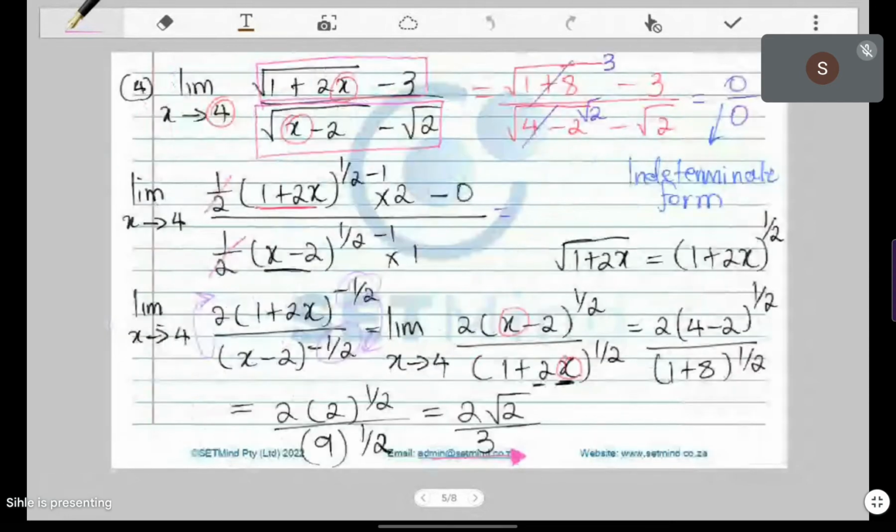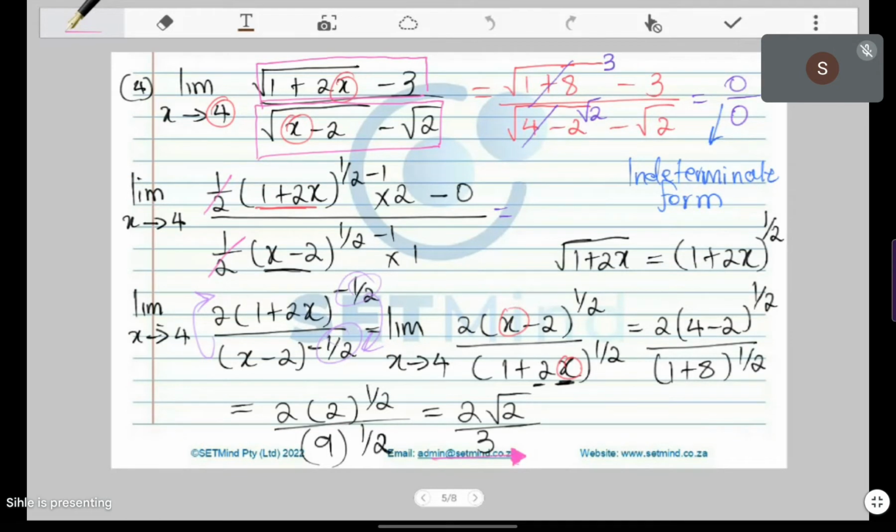Sisha, there's a message in the chat. She's asking why we are not using the quotient rule when we are doing derivatives. From the formulation of L'Hopital's rule, what we are supposed to do is, when we have 0 over 0 or infinity over infinity, we take the derivative of the top function, then the derivative of the bottom function.